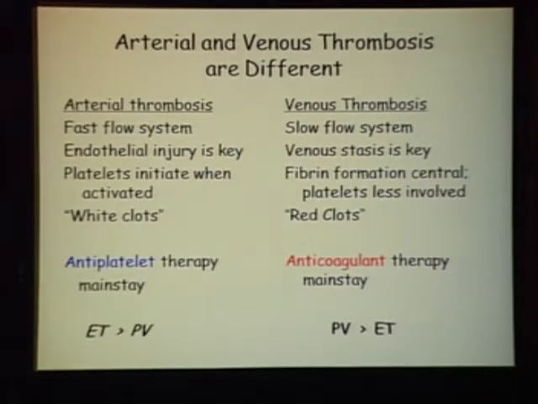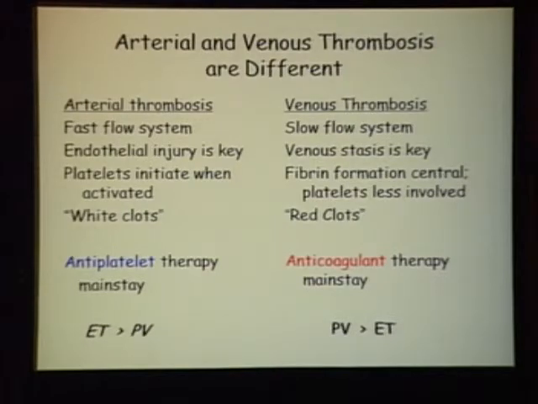On the other hand, venous thrombosis is more prevalent in a slow flow system like the veins. And here stasis is the key, the slowing down of blood flow. The formation of fibrin, the meshwork, is the central part. Platelets are less involved, but they are still involved to some degree.